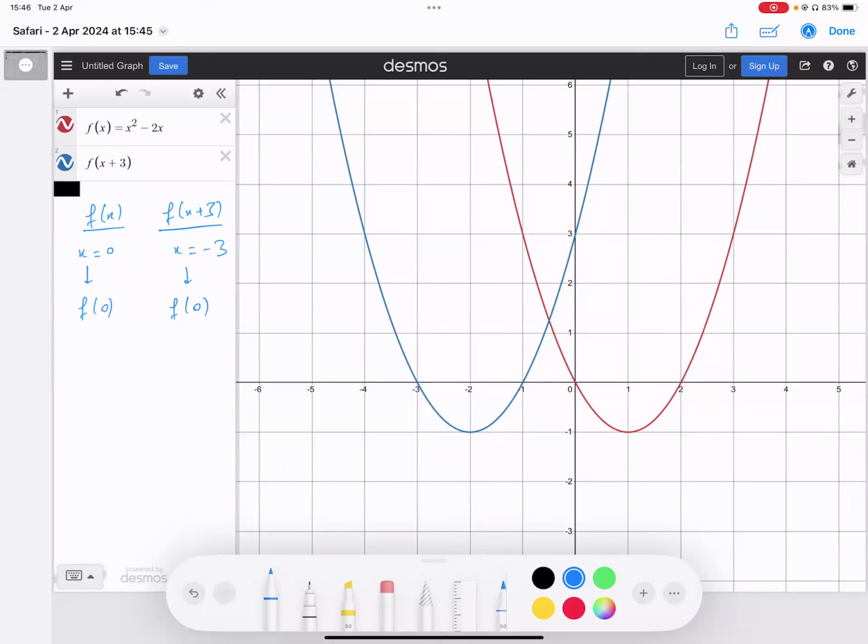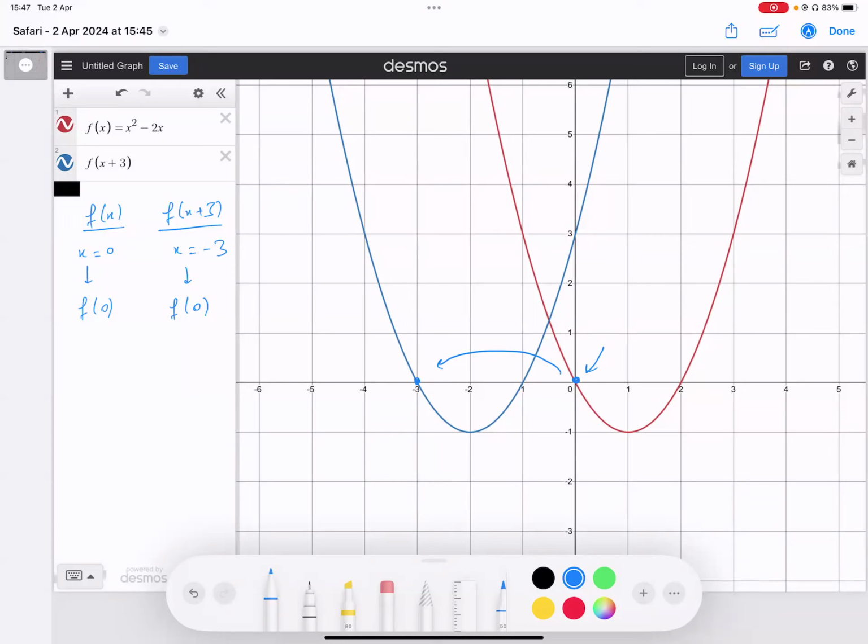So the point that we were getting at 0 earlier, now we're going to get that same value of y, the same value of f of x, at -3. So you can see on the graph, the point at 0 actually goes to -3. So the value that we were getting at x equal to 0 earlier, now we get that same value at x equals -3.